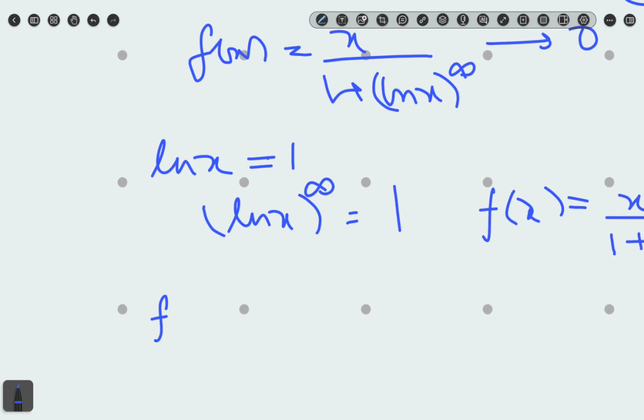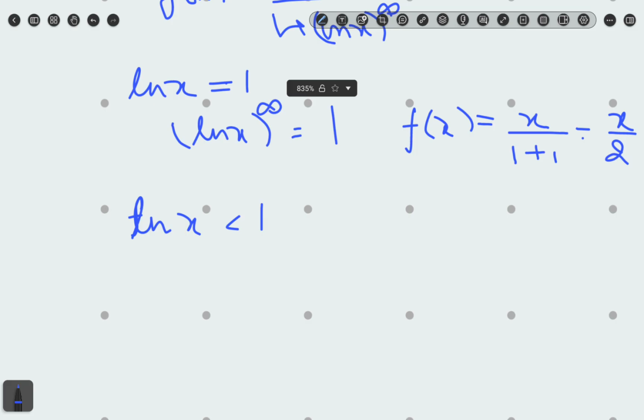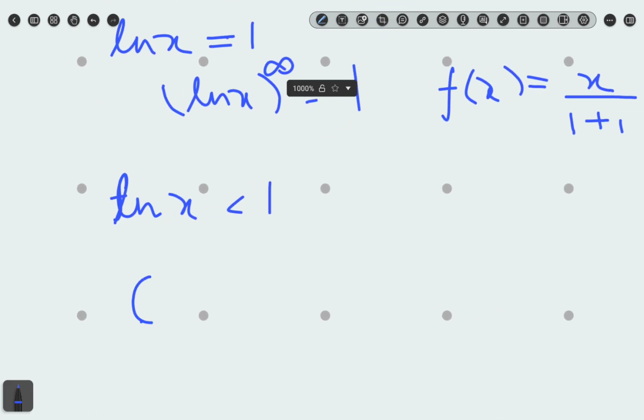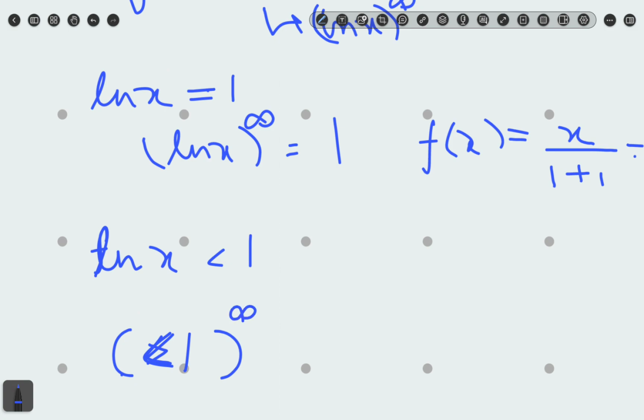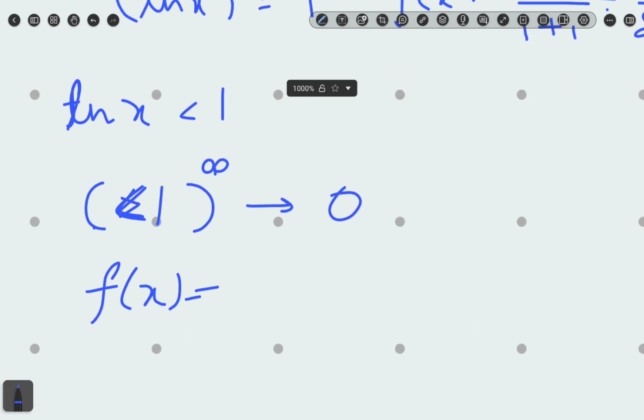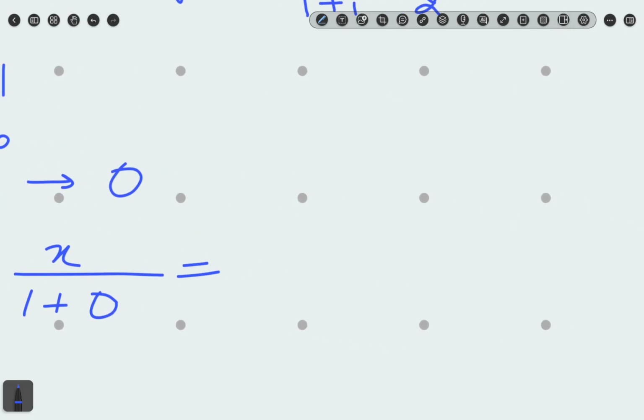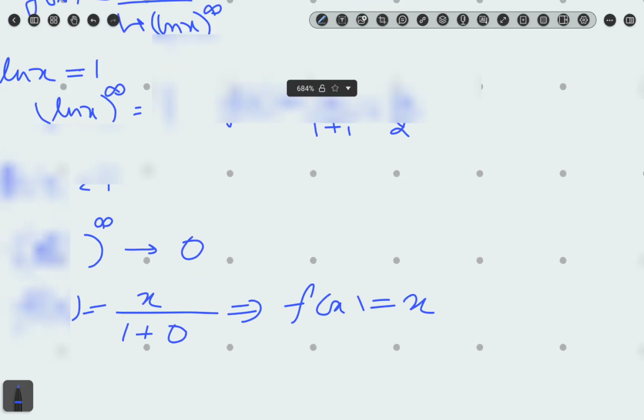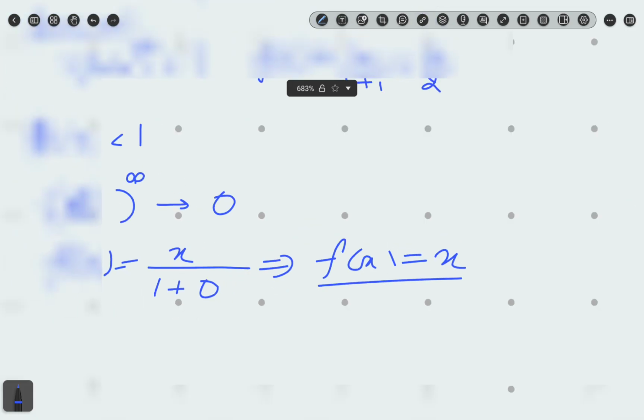Now when ln x is smaller than 0, something that is smaller than 1 to the power of infinity always tends to 0, right? So we can say that f(x) is equal to x upon 1 plus 0. That becomes simply f(x) equals x, right?